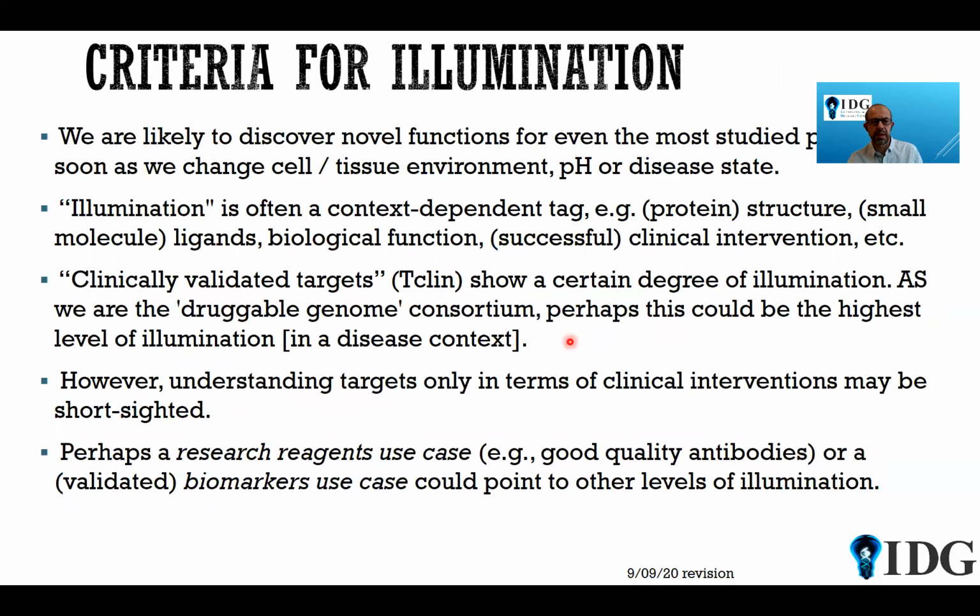In my opinion, we are likely to discover novel functions for even the most studied proteins, just as if you change disease states or the tissue environment, the pH, etc., perhaps new associations will be uncovered.